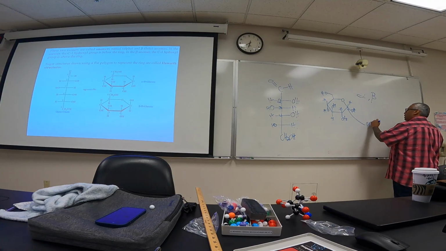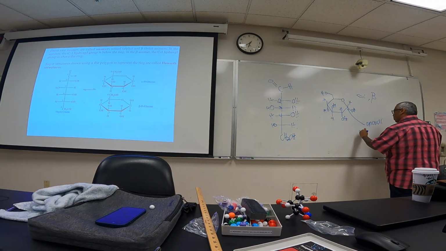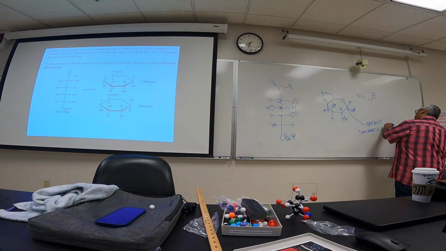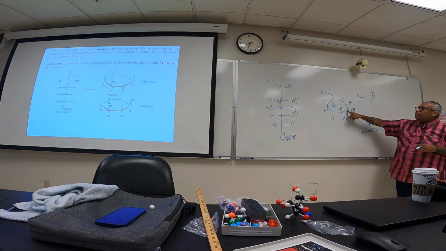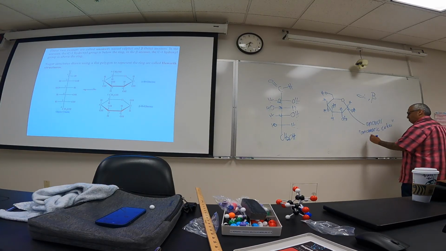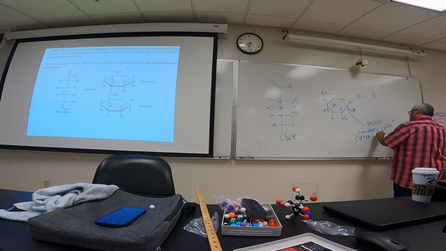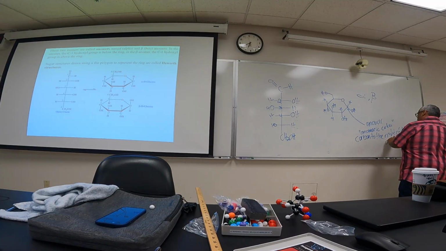This is our anomer. This is our anomeric carbon. It's the carbon to the right of the oxygen.